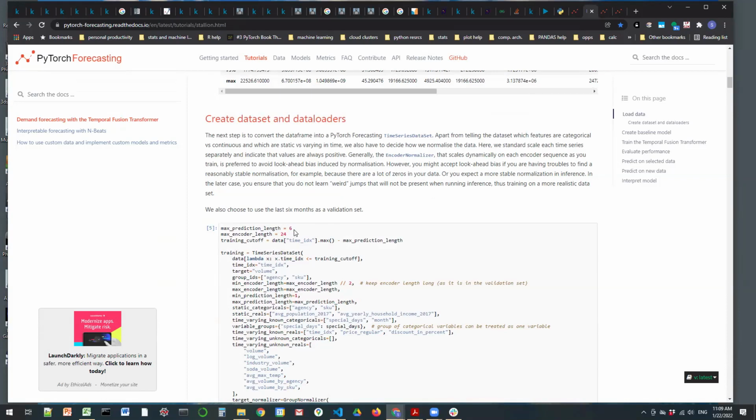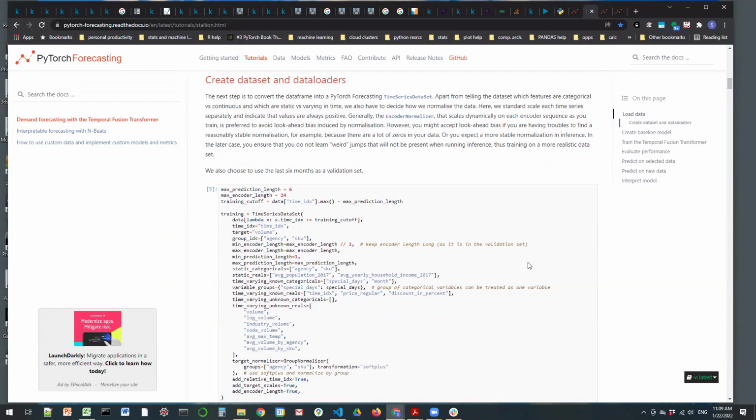Right? Because he's predicting for 6 months. Yeah, so his 21,000 is the length of the time series data set, isn't it? But then he's just using 24 encoding points across that. So it's to predict the next 6 months based on the previous 24 months. Is that what this means?